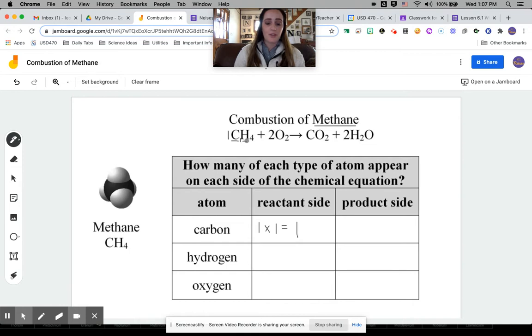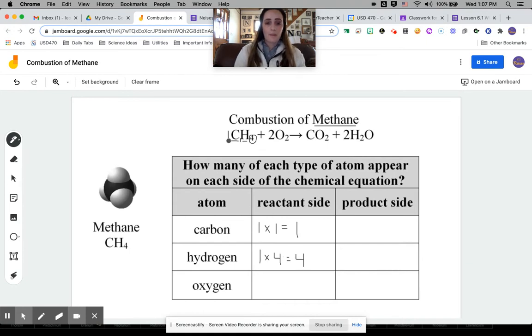Look, we have an H right there. It's got a subscript of 4 and an implied coefficient of 1 out in front. So we take our coefficient out in front, 1, times our subscript behind the H, which is 4, and we get a total of 4 hydrogens on our reactant side.